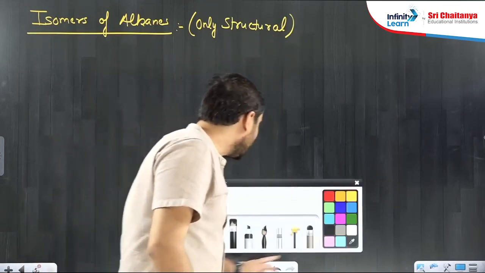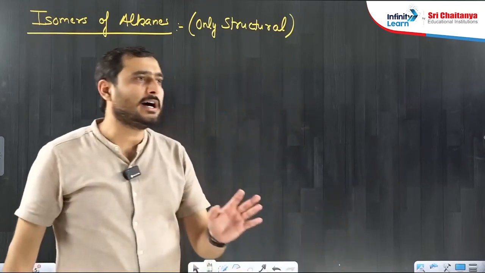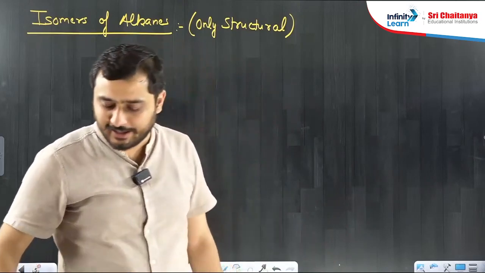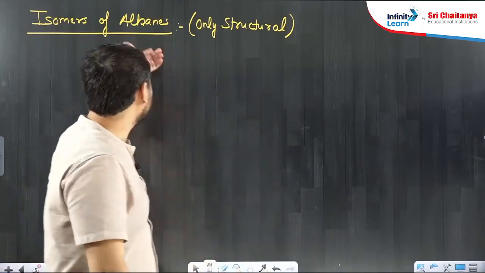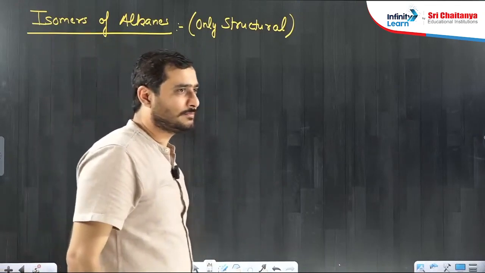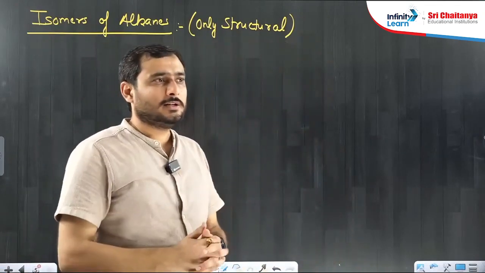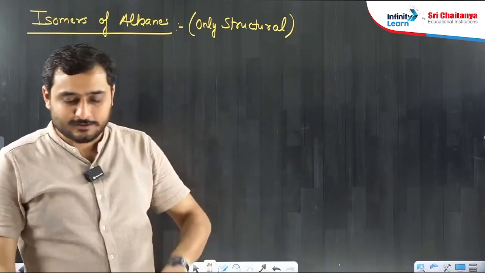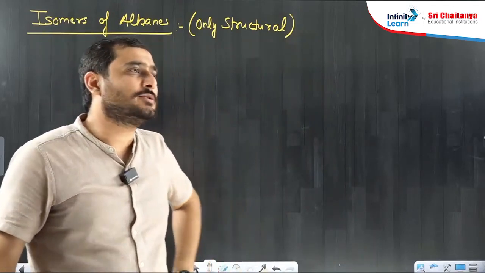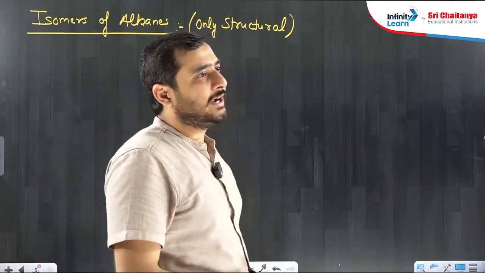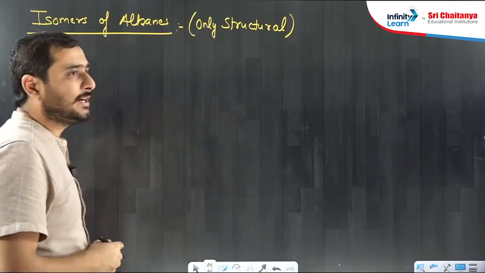Now students, you have to tell how many minimum carbon atoms are required in alkanes so that structural isomerism will be exhibited. How many are required? 4 carbon atoms are required.